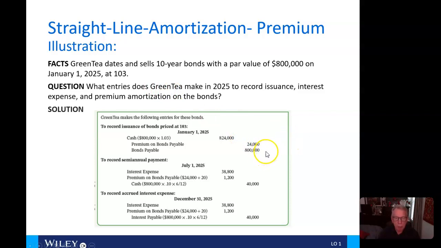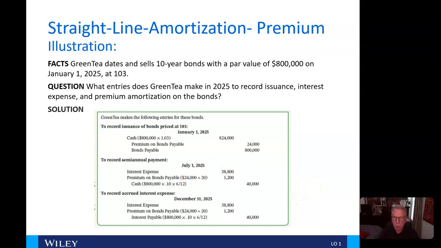The credit, the bonds payable, still remains what we're going to be legally obligated to pay at maturity, which is $800,000. The difference this time is a credit of $24,000. So when we credit cash for $40,000 to pay that semi-annual payment, the premium this time is going to be a $1,200 debit, which reduces our interest expense to $38,800.